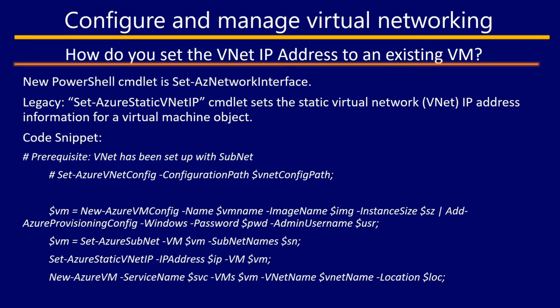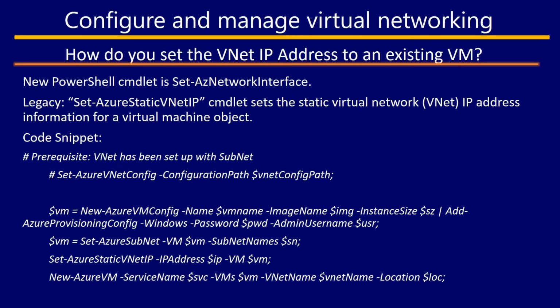The PowerShell command that I have given is the new PowerShell cmdlet, Set-AzNetworkInterface. The legacy cmdlet is Set-AzureStaticVNetIP, which sets the static virtual network VNet IP address information for a virtual machine object.